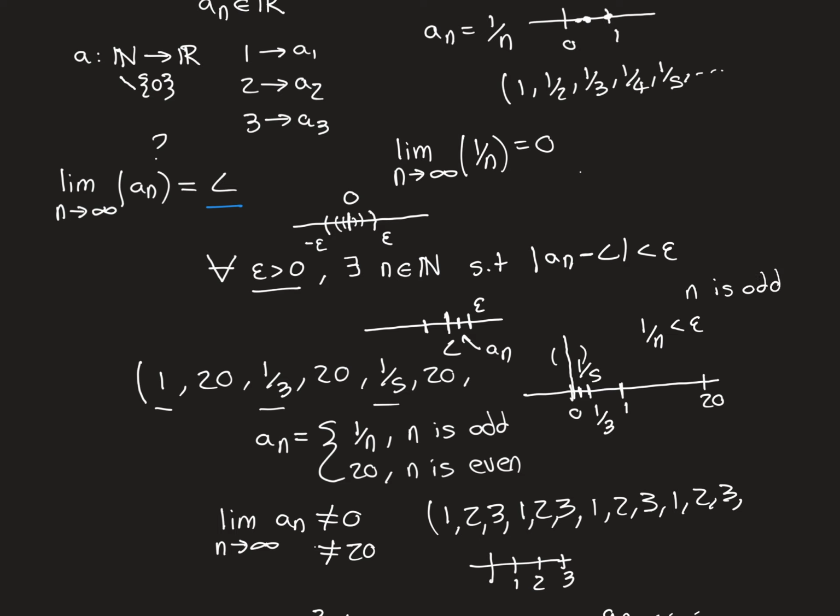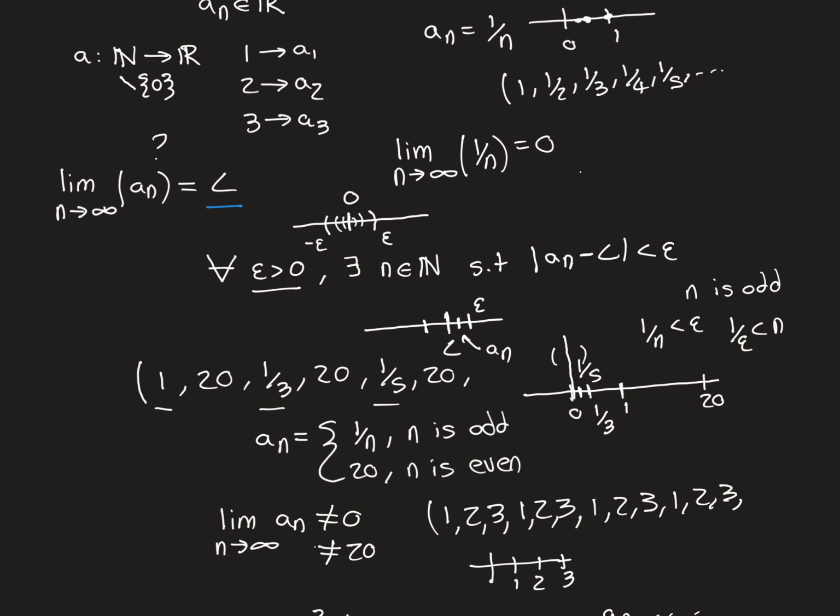So I just need to find an odd number like that. With basic inequality properties, I can multiply both sides by n and by the multiplicative inverse of epsilon, and we then get that 1 over epsilon is less than n. So all I need to do is find an odd natural number that's greater than 1 over epsilon.